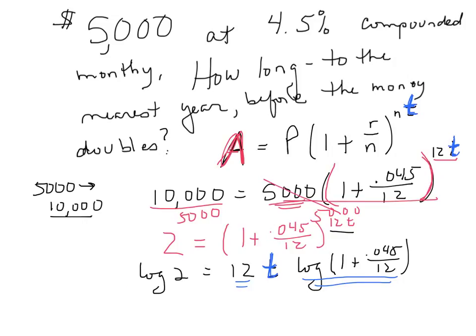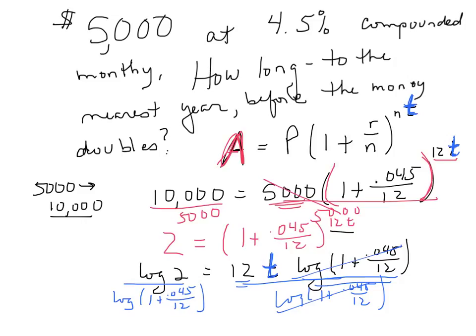So I'm going to do that here. 1 plus 0.045 divided by 12. And then on this side also, the log of the 1 plus 0.045 divided by 12. I don't typically show this step, but because it's your notes, I'm showing you where it's going. So this and this go away.